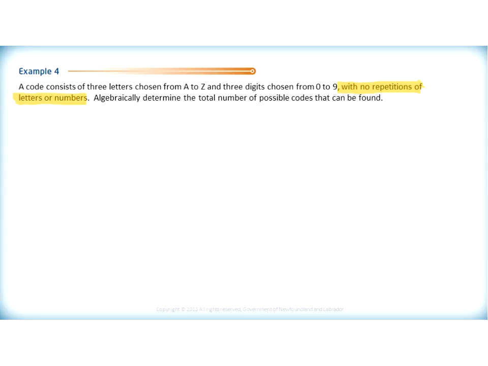It is important here to notice that there are no repetitions of letters or numbers. So when you look at the letters chosen from A to Z, note that there are 26 letters of the alphabet, and the digits are chosen from 0 to 9. Notice here that we have 10 possible digits from which we can choose.